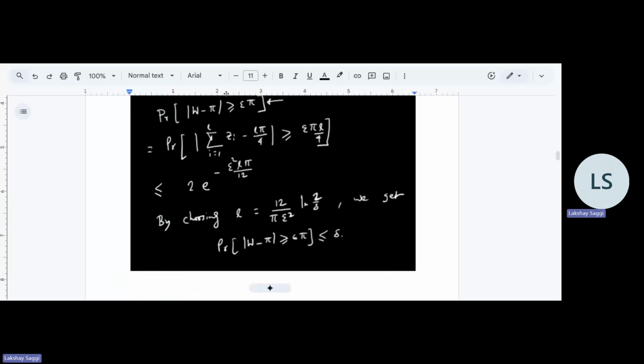I'll not go over the proof, but using Chernoff bounds, which you have already discussed, it was shown that the probability that our estimate is away from pi by epsilon times pi is less than or equal to delta. And the number of samples which we have to take is 12 divided by pi epsilon squared times log of 2 over delta.